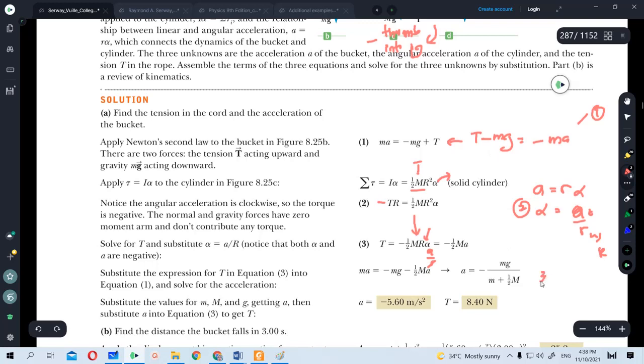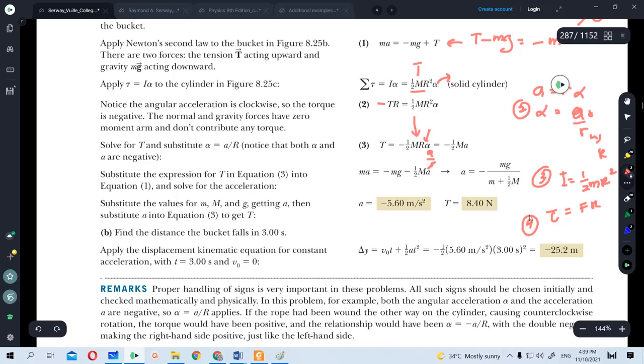Remember earlier, we have the I value which is 1 over 2 mr squared. This is alpha, this is tension, and then we have the torque just now. The number 4 is the torque, at the same time F times R. There is sine, of course.